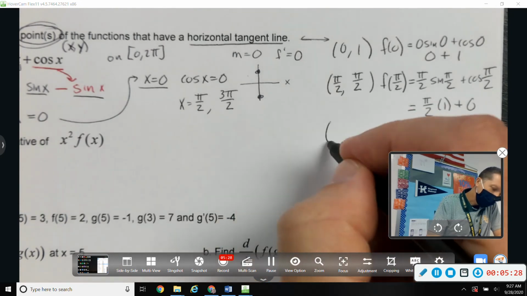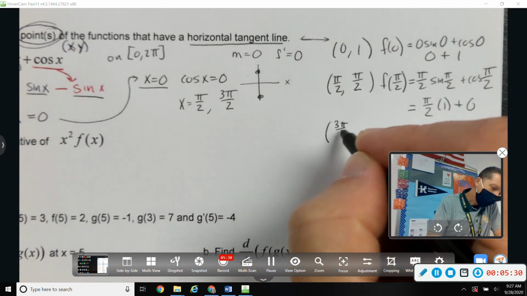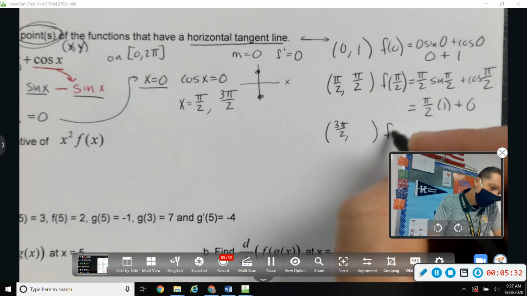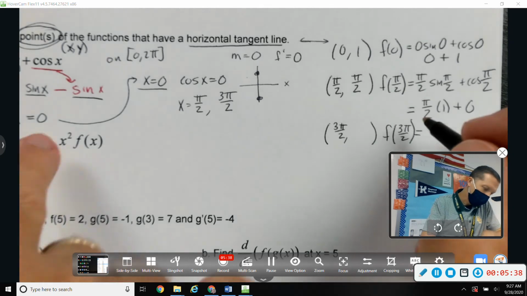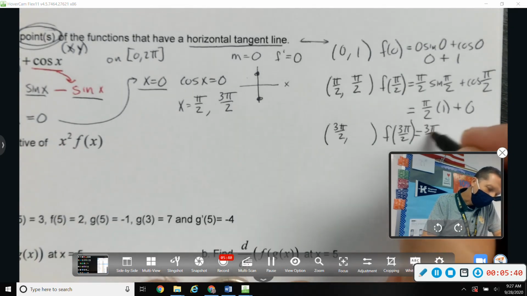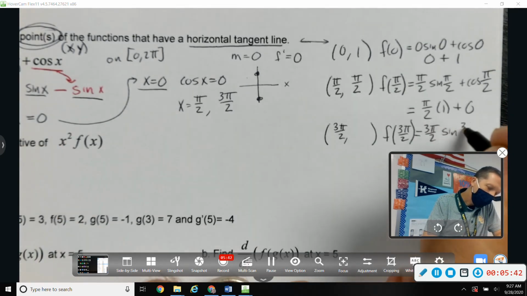And then lastly, if x is 3 pi over 2, I'll need to evaluate the function at 3 pi over 2. So back to the original function. Plug in 3 pi over 2 everywhere.